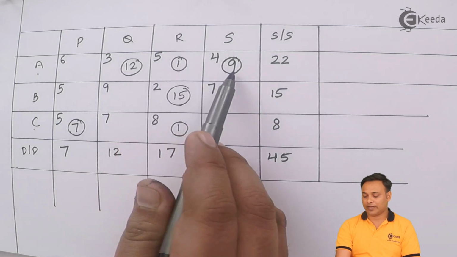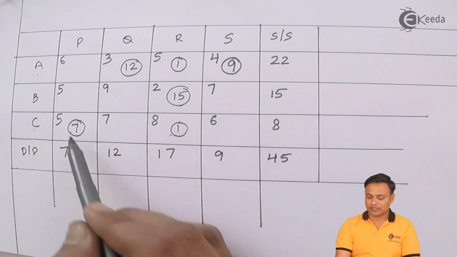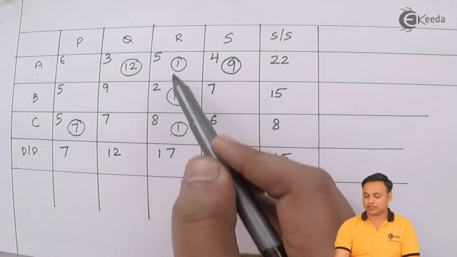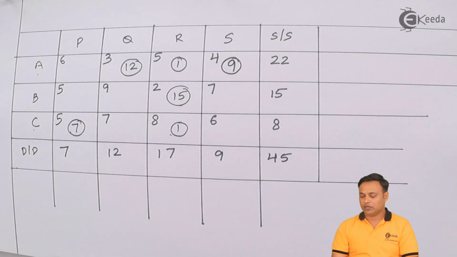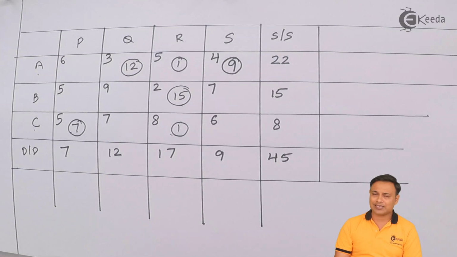Row wise we have 22, 15 and 7 plus 1 is 8. Column wise it is 7, 12, 17 and 9. So we have got the initial solution.